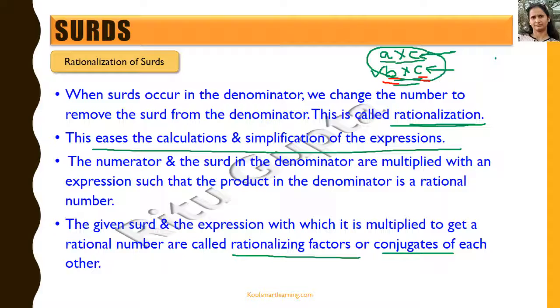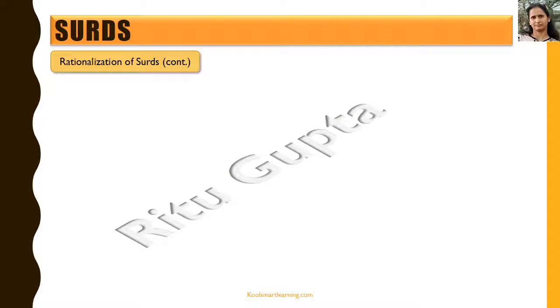So what does that mean? That if we multiply b with c, instead of getting an irrational number or a surd, we get a rational number as a result. The same is true for multiplying c with b. So they are rationalizing each other.